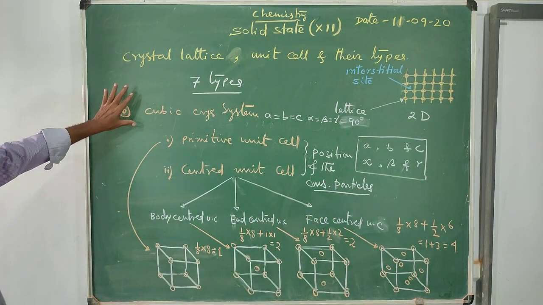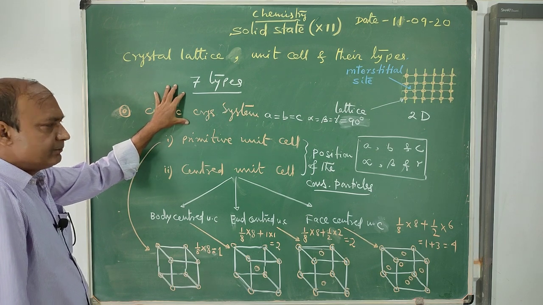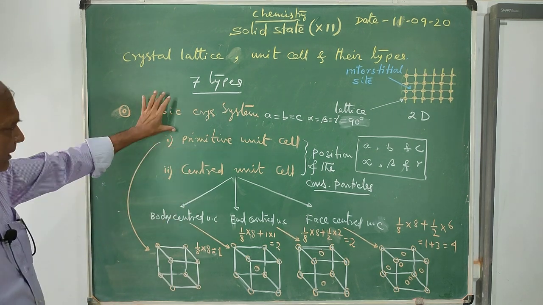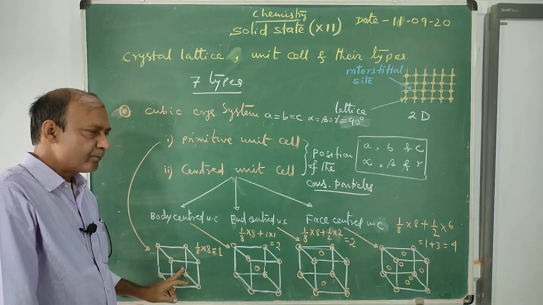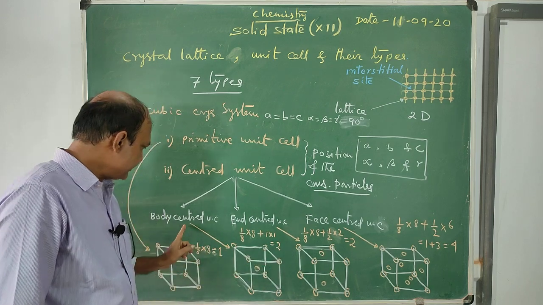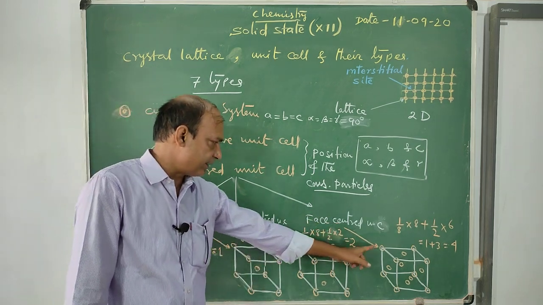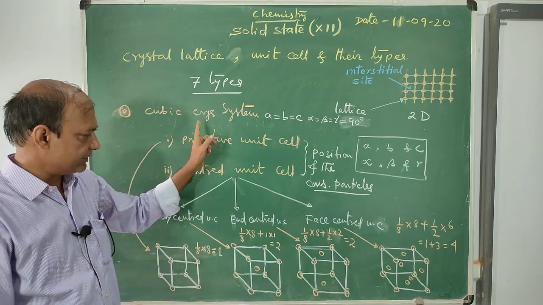So in case of the cubic crystal system, you will find the primitive unit cell, the body-centered unit cell, and the face-centered unit cell. This one, the end-centered, you will not find in the cubic crystal system.